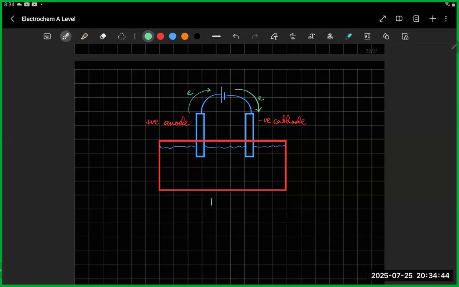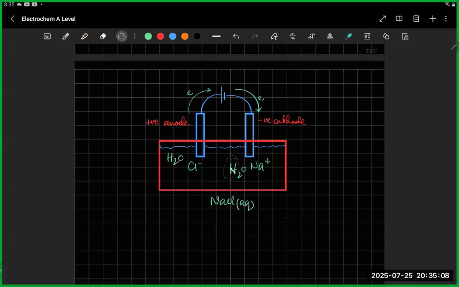I've got NaCl aqueous. What do I have? At the cathode, I've got Na+. At the anode, I've got Cl-, and not H+ and OH-, that was prohibited. There's no H+, there's no OH-. I'm going to put water on both sides. Okay, and there is water on this side as well.